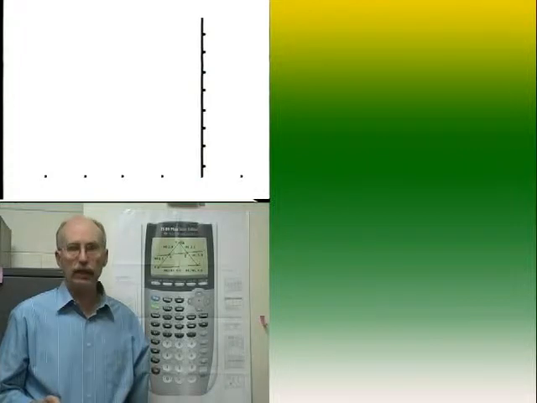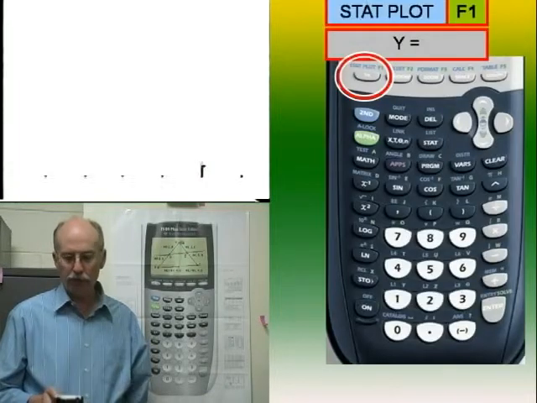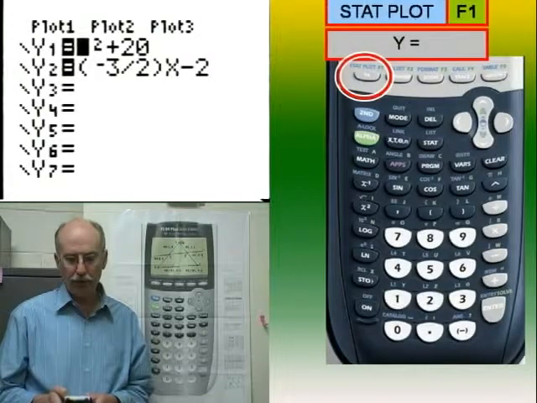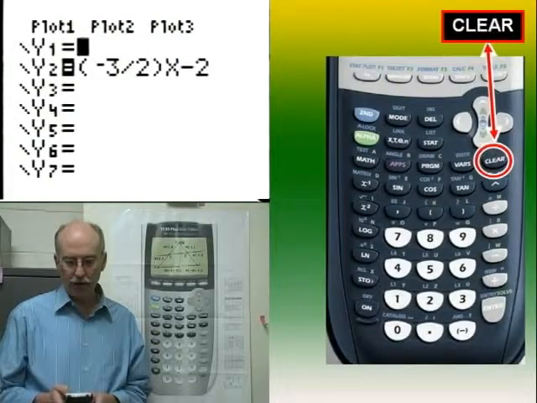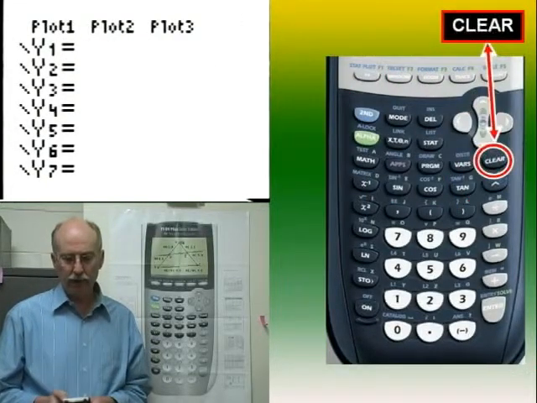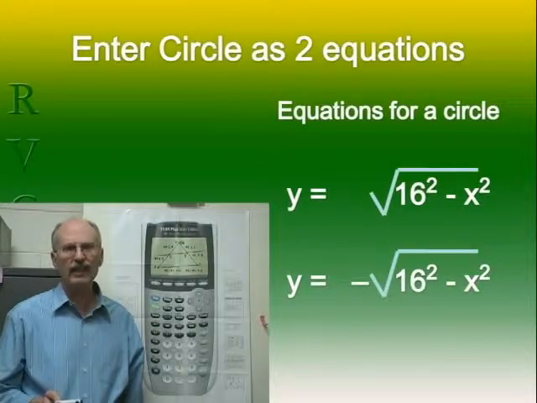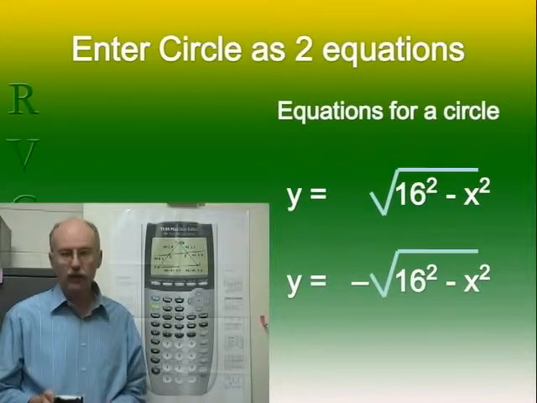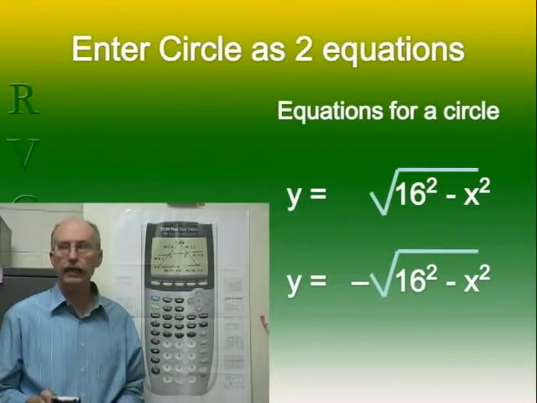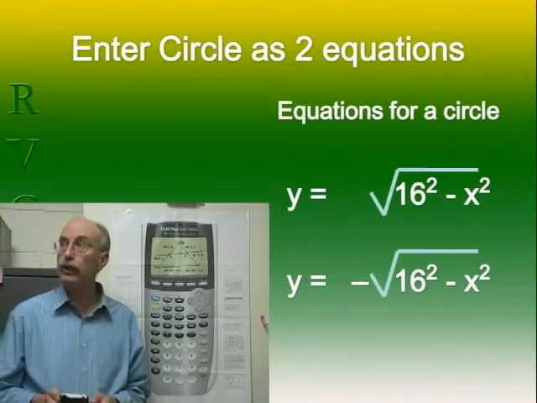Let's look at another zoom option. Let's go to the y equals screen, and let's clear both of those equations. Clear the top one, clear the next one. Remember we said that a circle was not a function, we would have to enter it as two functions? Let's do that. Let's put in the square root of 16 minus x squared for the first equation.